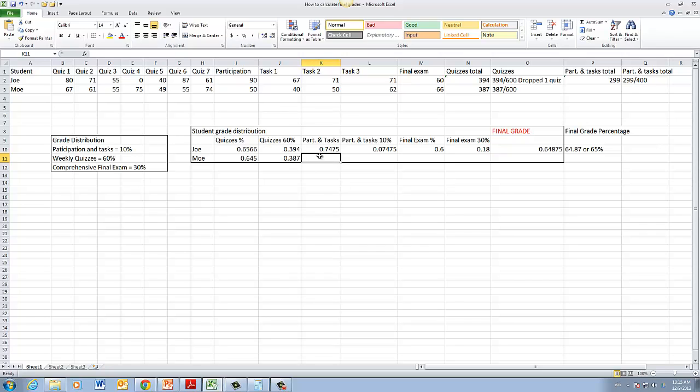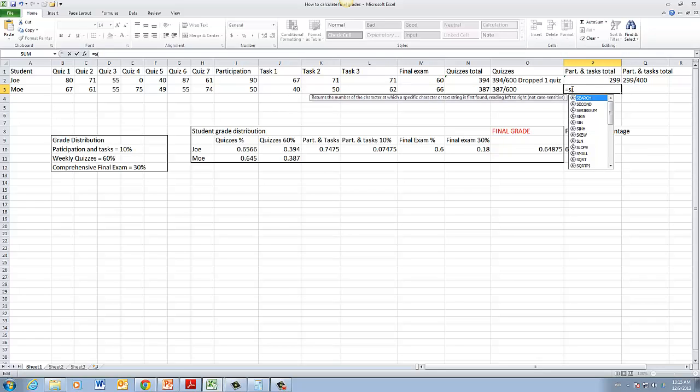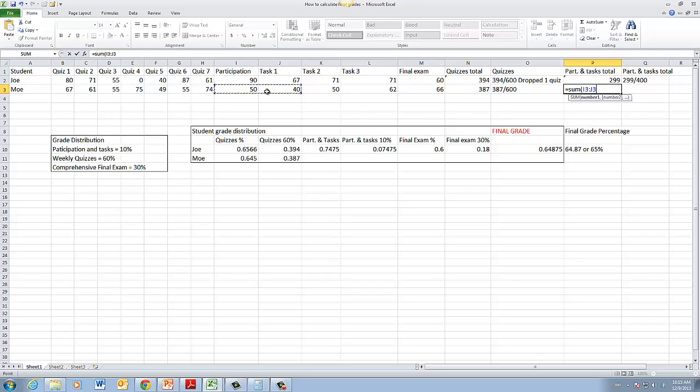Now let's look at participation in tasks. Here are his 4 participation in tasks grades, so I'm going to add these. Again, you can use a calculator, or if you're using Excel, you can use a formula like this. And I'm simply going to add these 4, close my parentheses, and then I have 202 is what he got for the total participation.